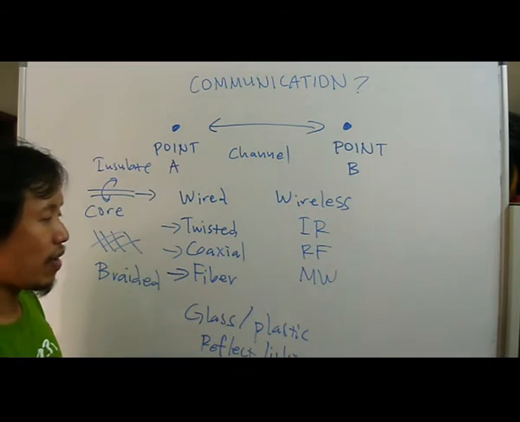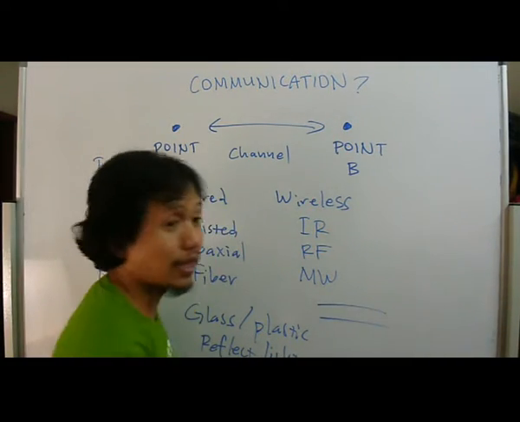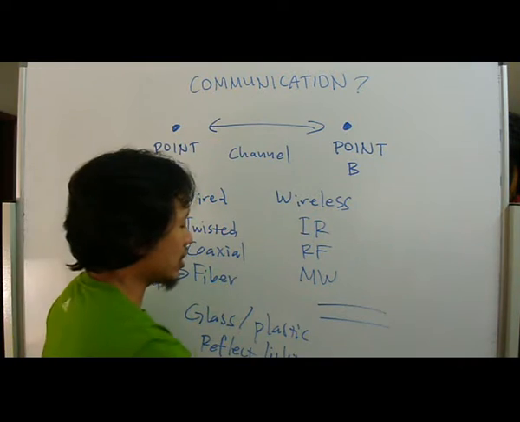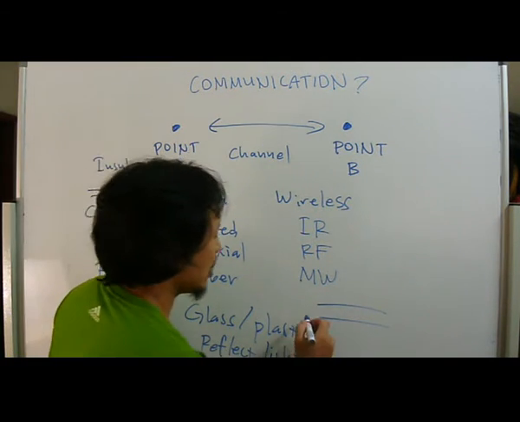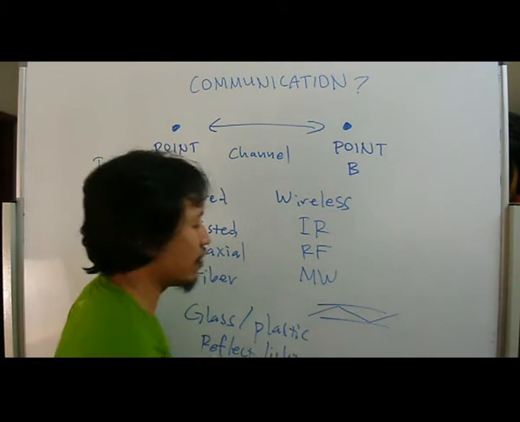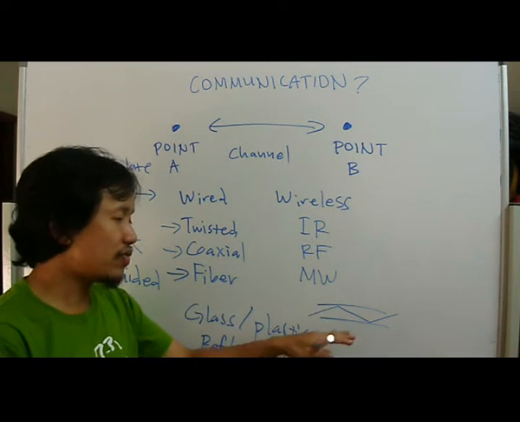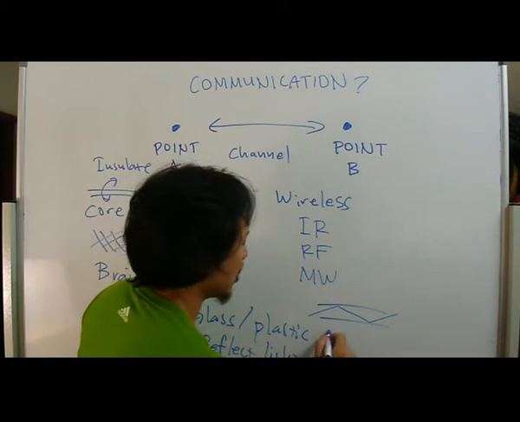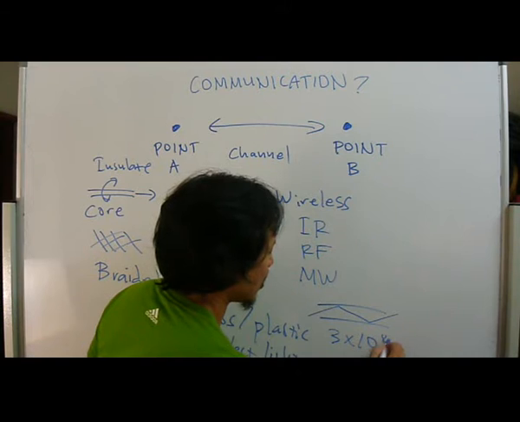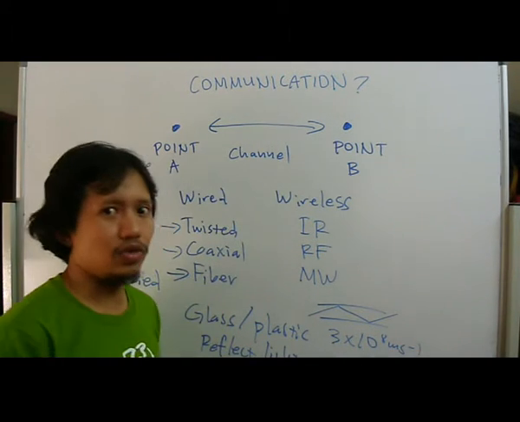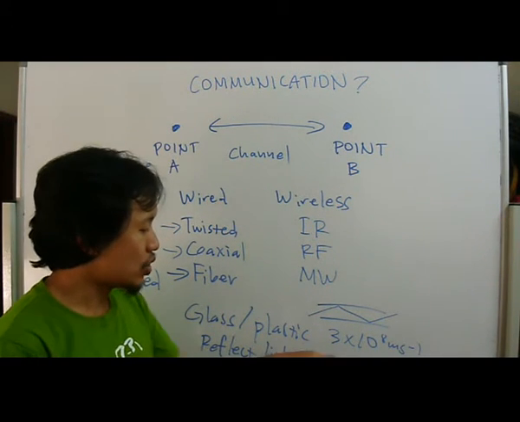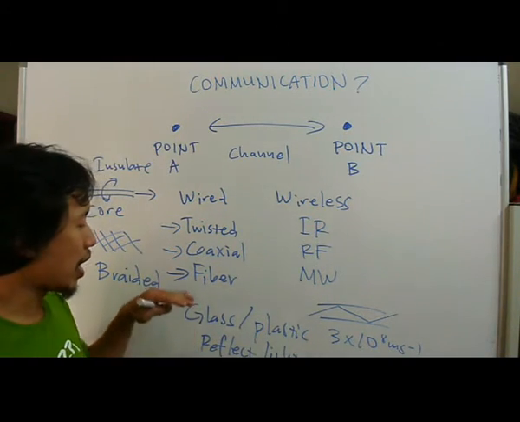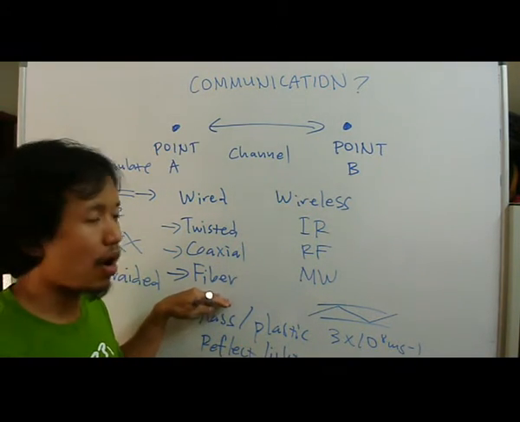So you have this pathway, a tunnel, and you can actually send your data in terms of pulses of light, so it gets reflected inside the tunnel. So this is very fast, considering that light travels at 3 times 10 to the 8 meters per second. That's really fast, right? So this is optical fiber, and with optical fiber we have real broadband.